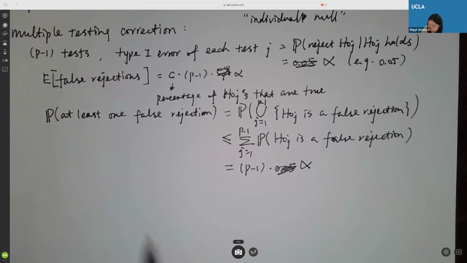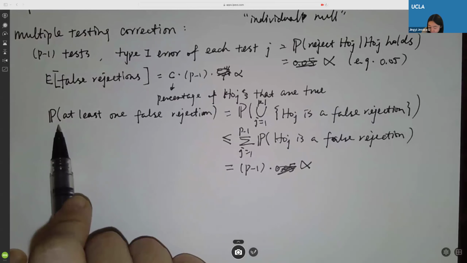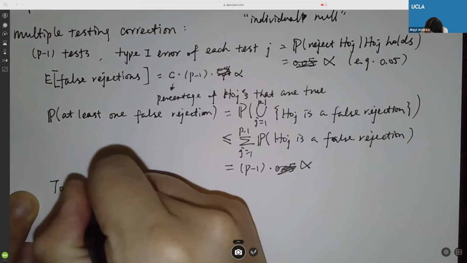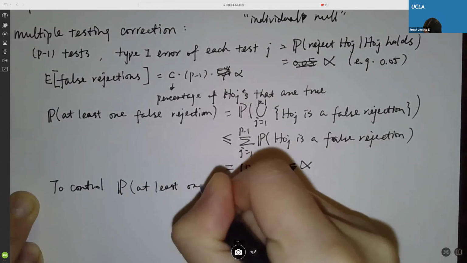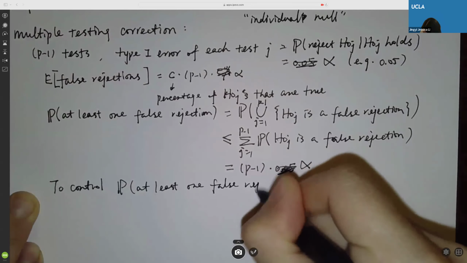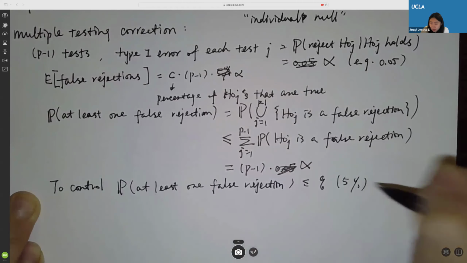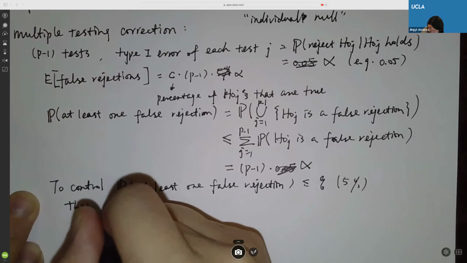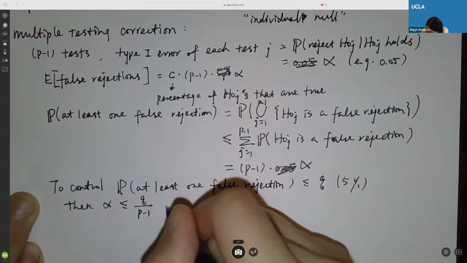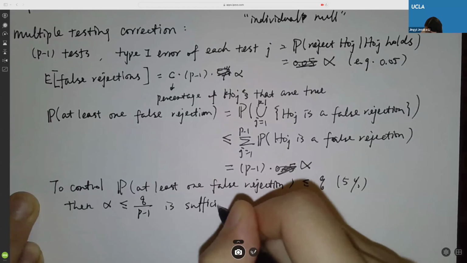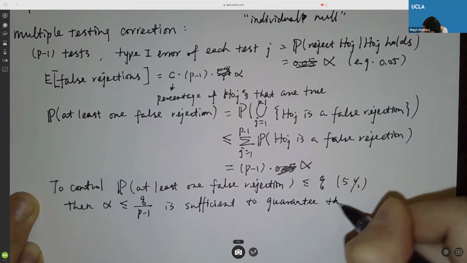So then you can see that if I want to control this probability of making at least one false rejection to be very small, say to be under some Q, maybe I still want to have 5%, for example, then it tells us that alpha less than or equal to Q over p minus 1 is sufficient to guarantee the control.